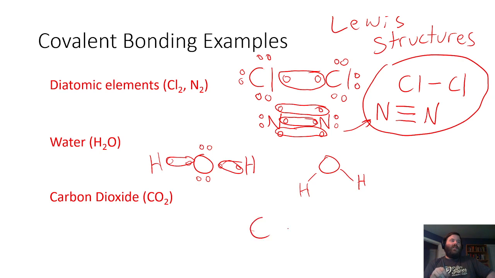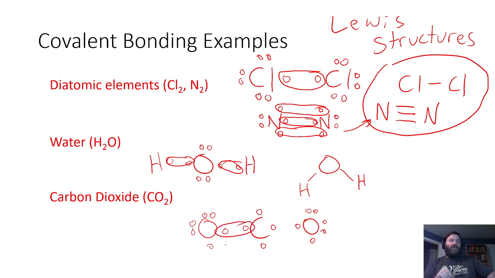Carbon dioxide, same deal. Carbon has 1, 2, 3, 4 valence electrons, none of them paired up. And oxygen has 1, 2, 3, 4, 5, 6, 1, 2, 3, 4, 5, 6.